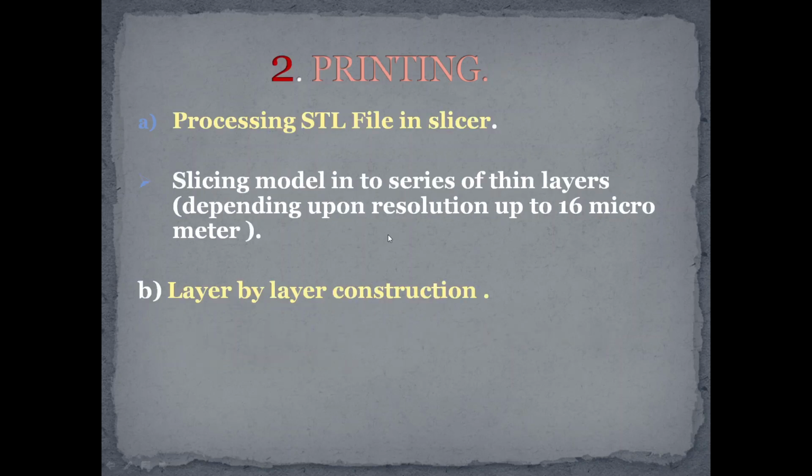Now my second point is printing. Processing the STL file in the slicer. Slicing the model into a series of thin layers depending upon resolution, up to 16 micrometers. I have already discussed in the previous slide the resolution of up to 16 micrometers for this slice. Now the second point is layer by layer construction.